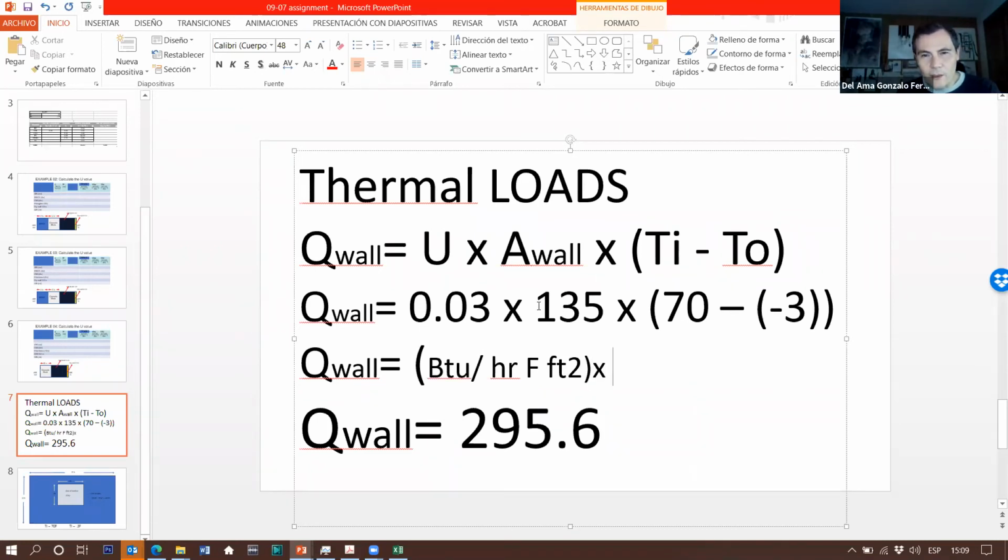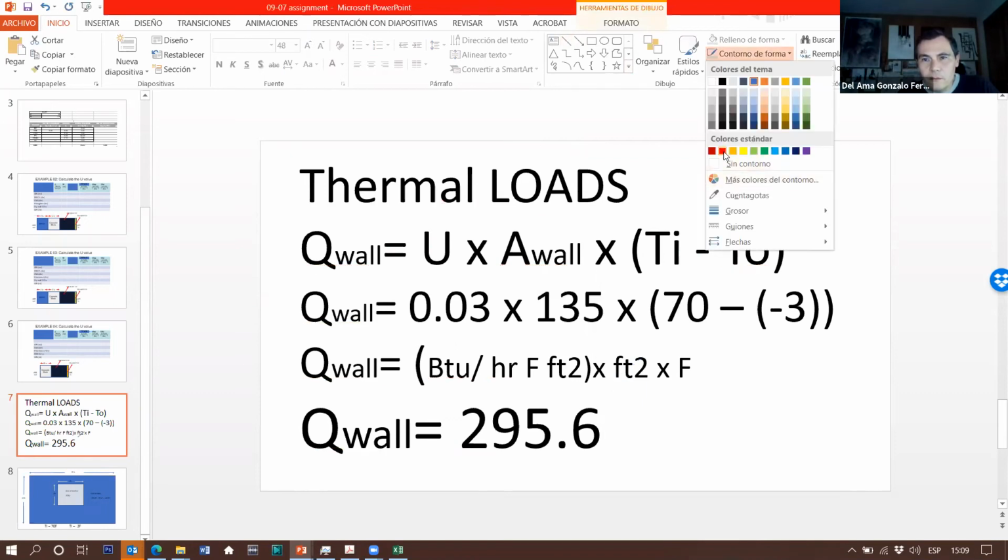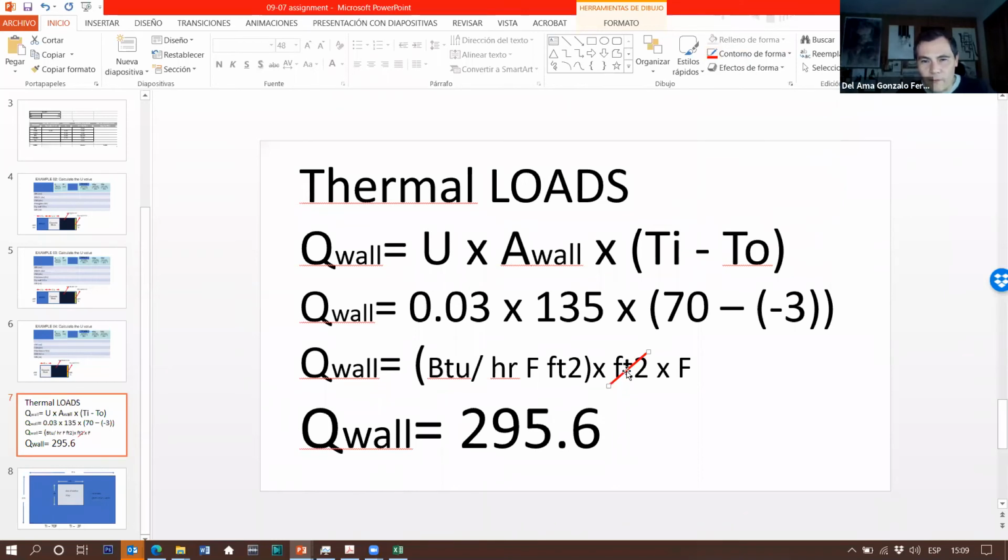Times, what are the units of the surface area? It's feet square. Times, what are the units of temperature? Fahrenheit. Okay, so now we cancel feet square, because we have feet square here and we have feet square here.